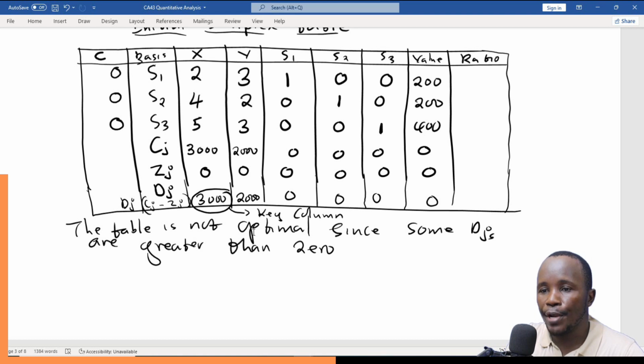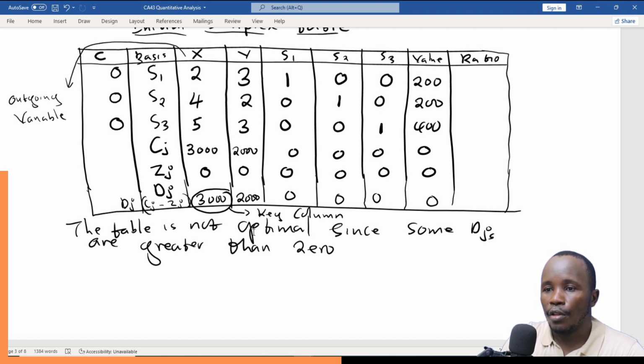Now, on top of the key column, where we have x, we call this the outgoing variable.